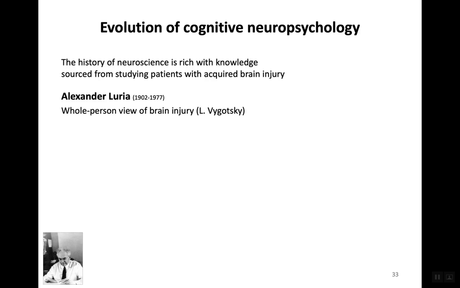And this was also well aligned with his whole person view of brain injury. If you're trying to figure out what happens as a result of brain injury, then you should get a complete picture of how that impacts somebody's life, somebody's behavior.